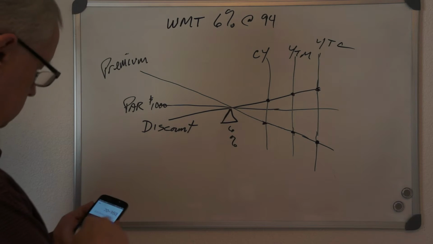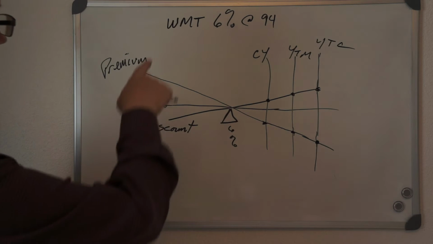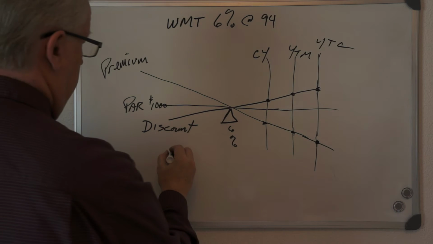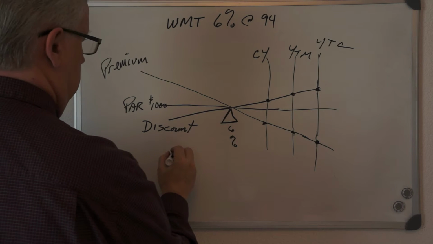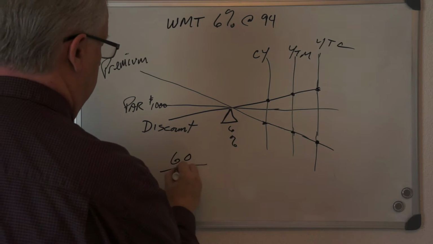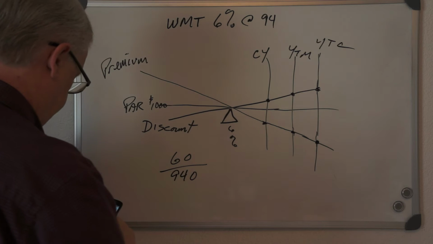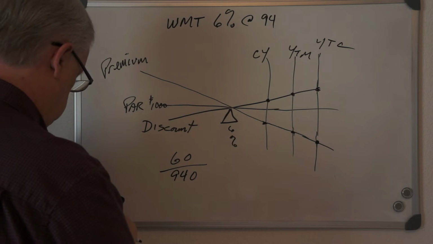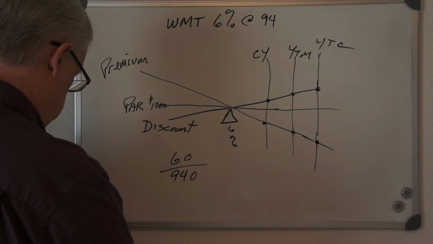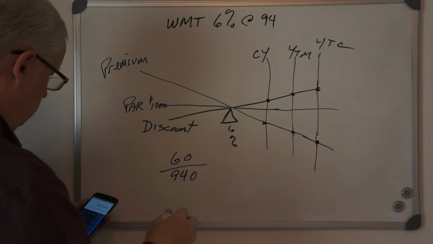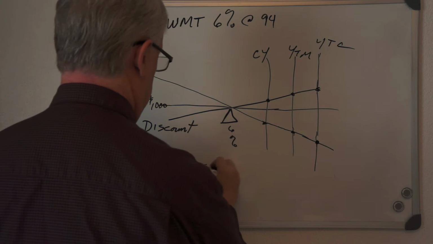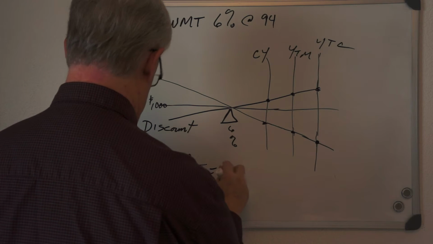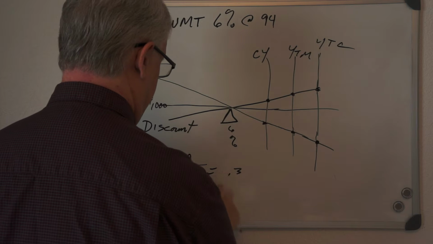So looking at the current yield, it's $60 divided by 940. Okay, 9.38. I'm sorry, 6.38.